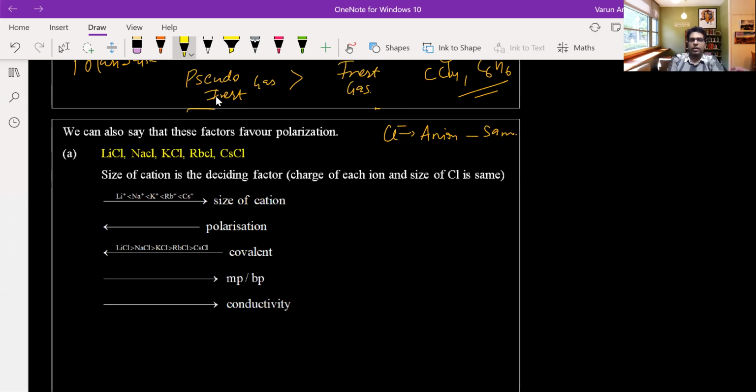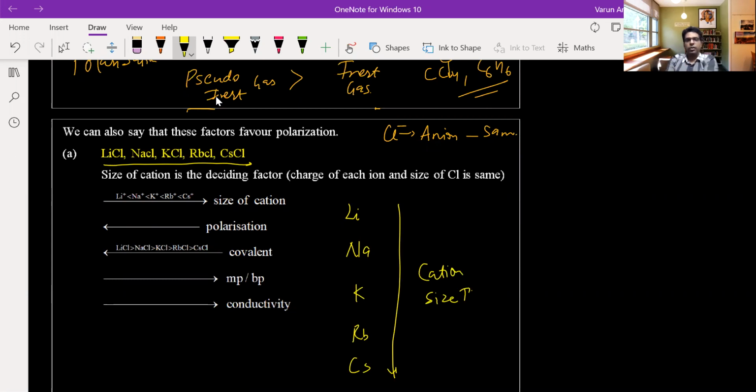So over here, the size of the cation is changing, from lithium, then sodium, then potassium, then rubidium, then cesium. So as I'm moving down the group, the size of the cation is increasing. The anion is the same in these. So from lithium to cesium, the size of the cation is increasing.